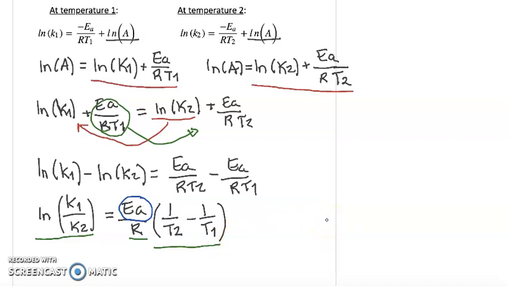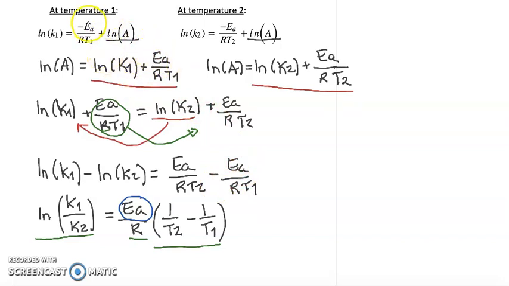So in OneNote, I have put out some tasks. You need to apply this equation, either if you start from these two, or if you just use this equation, and you calculate the activation energy. Next, you should calculate the frequency factor.